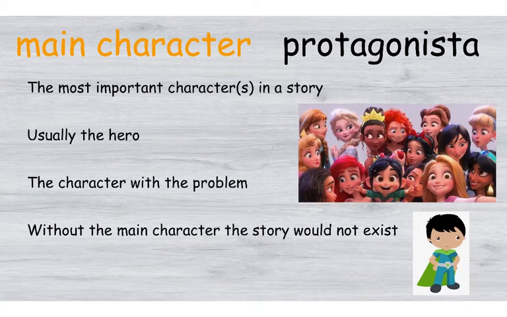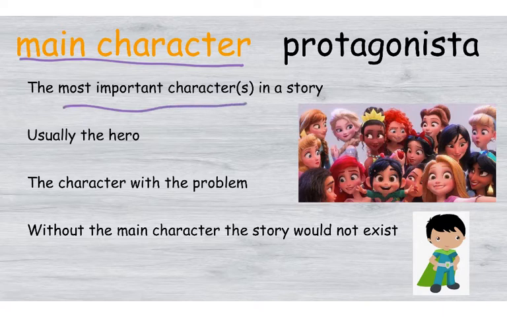So we're going to talk about two different types of characters. The first type of character are the main characters, and this is the most important character in the story. The story would not happen or exist without this person or animal or object. They're usually the hero, and they're also usually the one with the problem in the story.